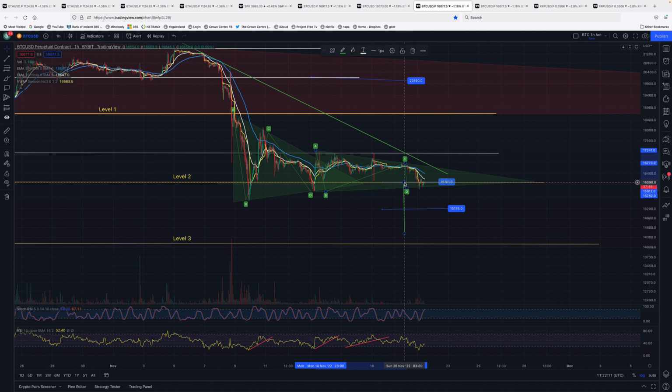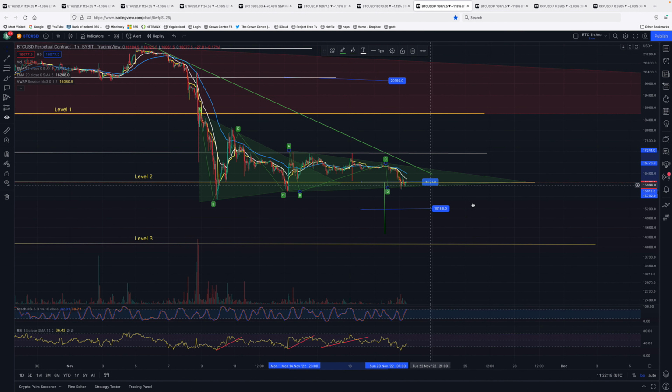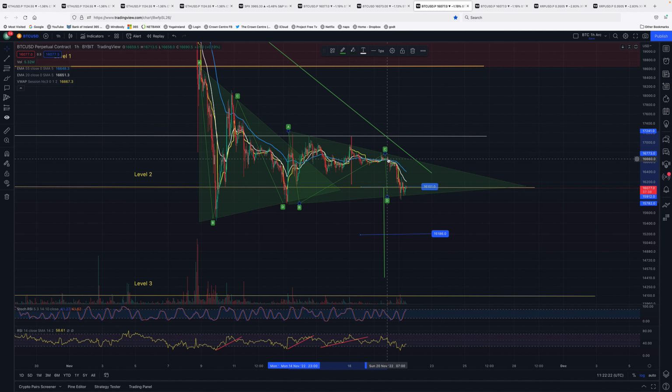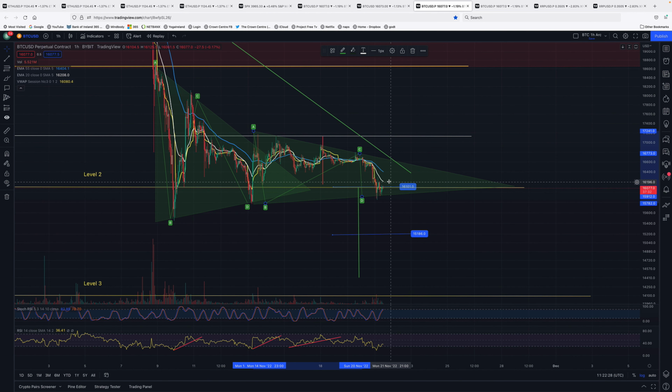The yellow line at the bottom broke. It broke and it back tested. Now it's not back in that range, and I don't think it's going to go back into that range. The 20 EMA and the 55 EMA crossed down on the 1 hour. Bitcoin hasn't yet back tested the 20 EMA. ETH has. I believe it will at some point.